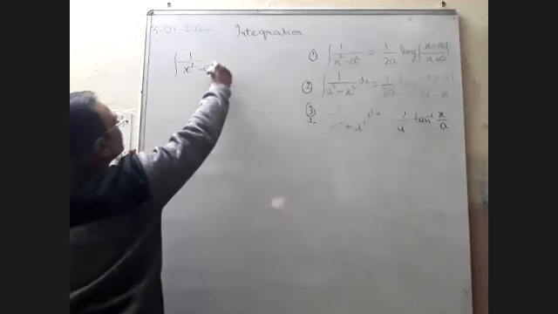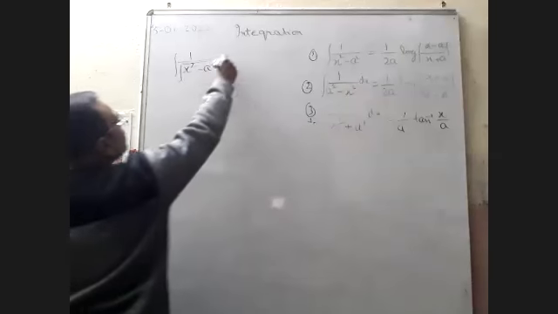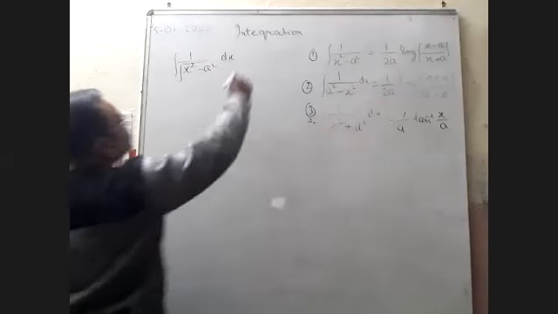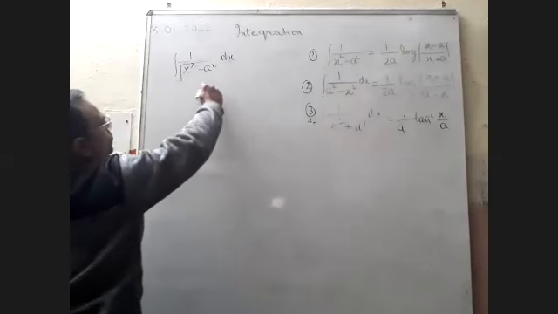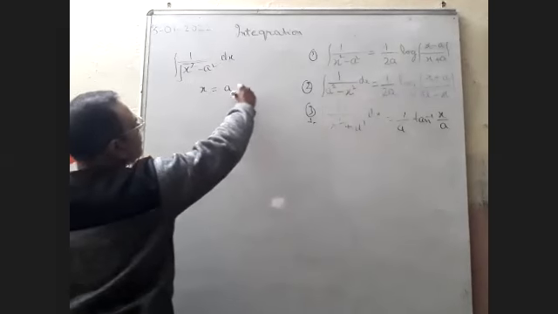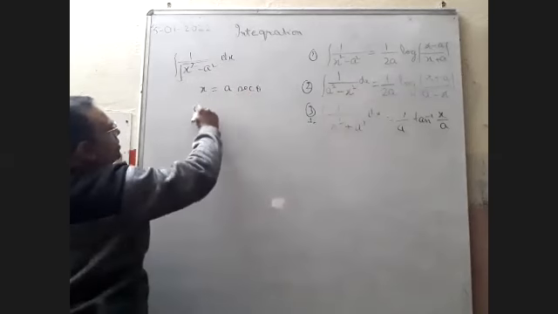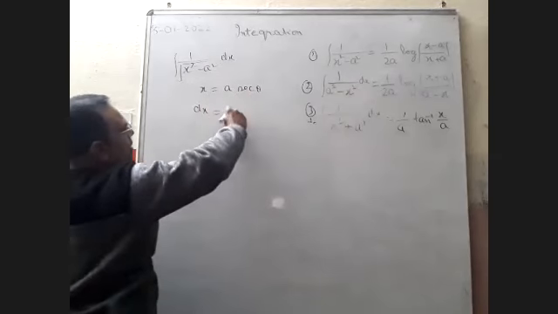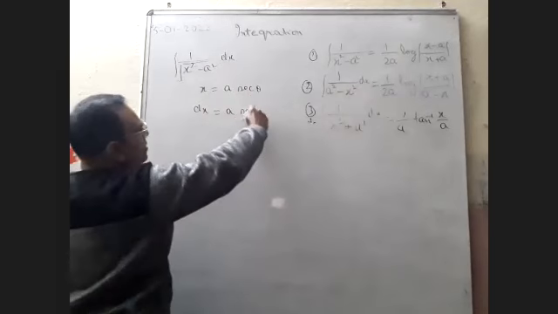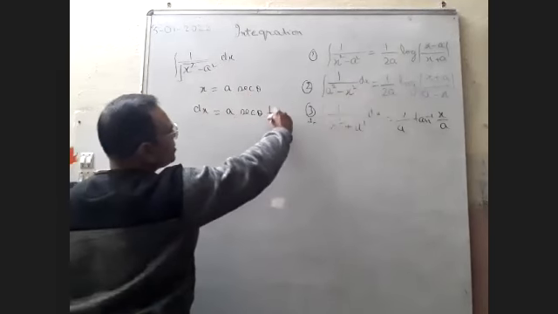But this is the difference, it is under root. So how will you do it? Put x is equal to a sec theta. What will be the differentiation? dx is equal to a sec theta tan theta d theta.